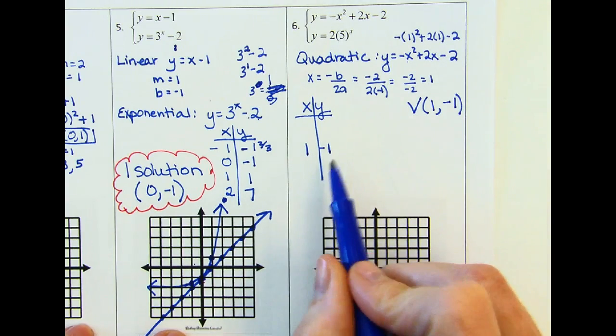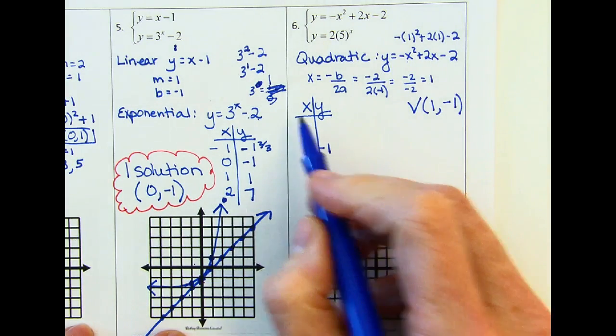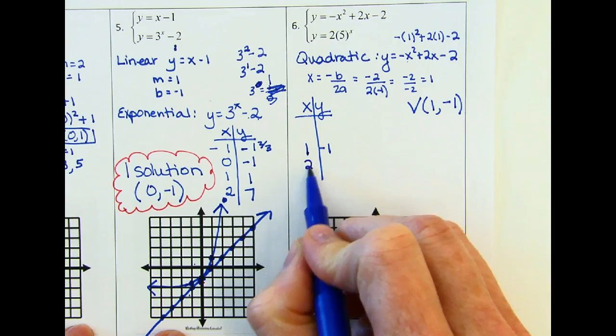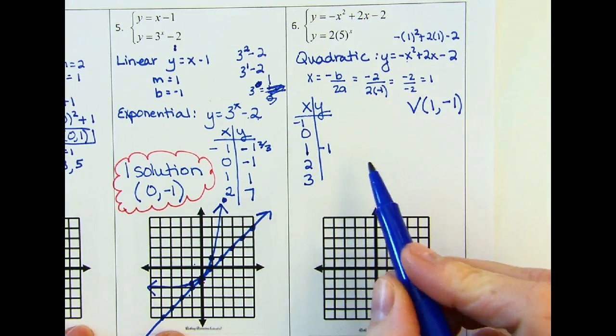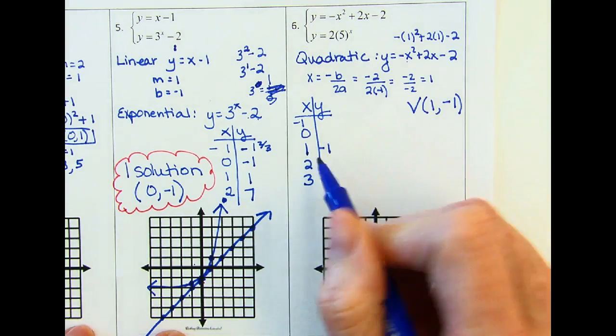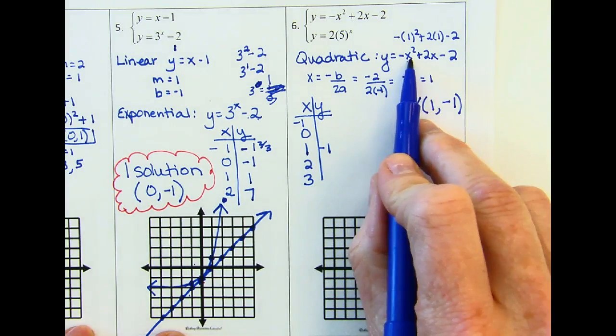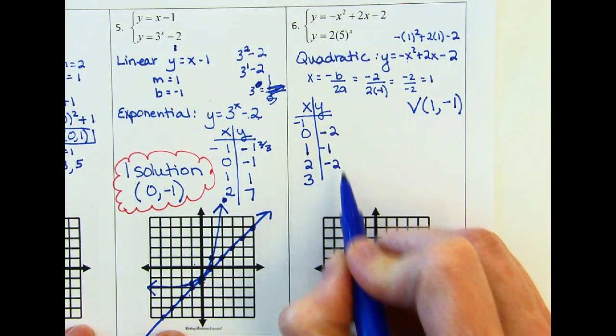Now, there's nothing wrong with making the table. So you could put the 1 in the middle, 2, 3, and then on the other side, 0, -1. Now, your calculator is going to make that quicker, but I'm just going to mental math it. If I stick 0 in, I'm just going to get left with a -2.